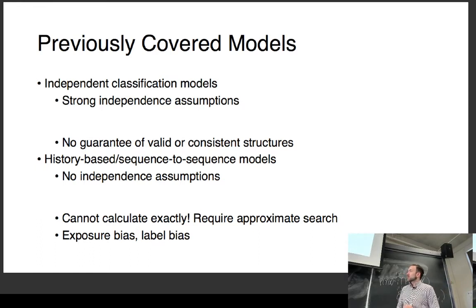The problem with this is that it becomes very difficult to calculate exactly. So we need something like an approximate search algorithm, like greedy decoding or beam search, to get the best example. Also, if you train using something like teacher forcing, you get problems of exposure bias or label bias.